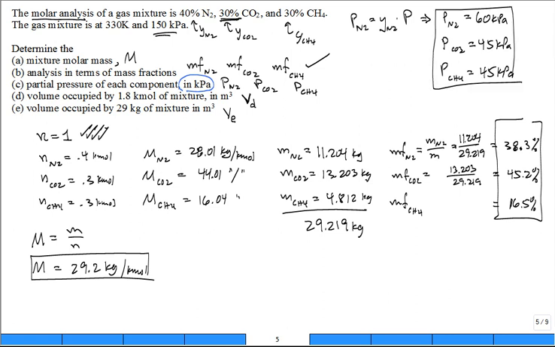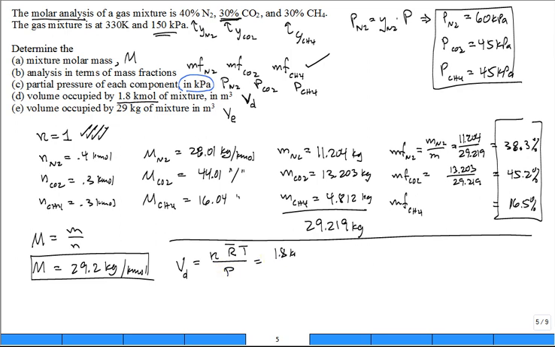Now, what's the volume occupied by 1.8 kilomoles of the mixture for the answer to part D? And we're going to use the ideal gas equation. The number of moles, because it's given to be 1.8 kilomoles, times R bar, times the temperature divided by the total pressure. 1.8 kilomoles, 8.314 kilopascal meter cubed per kilomole Kelvin.